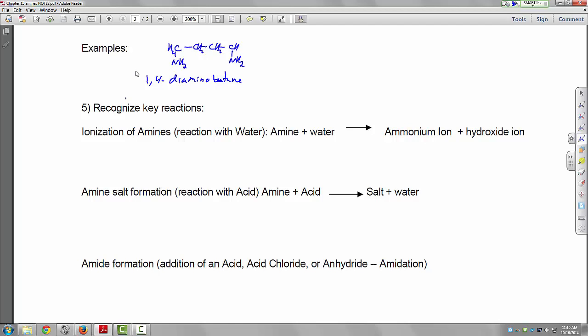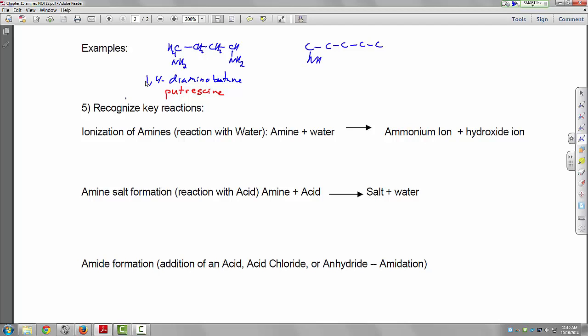And to give you an idea of the unpleasant nature of the odor for these, this one is also called putrescine. It's the smell of rotting fish. There's another one with just 1 carbon more. It's 5 carbons.